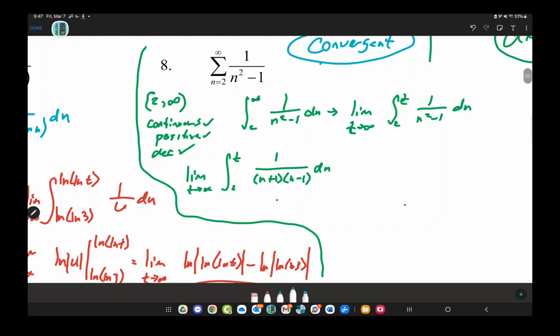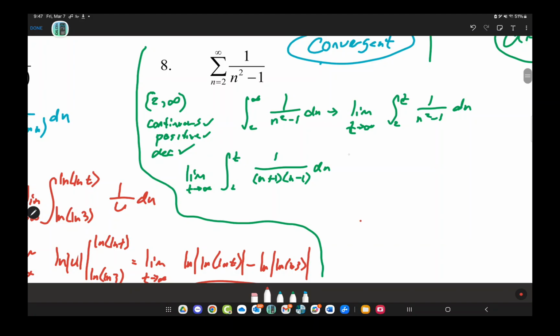Because we don't have a 2n. To do substitution, we have to actually substitute 2n in, and we don't have it. So we have to do our fractions. Okay. So partial fractions.